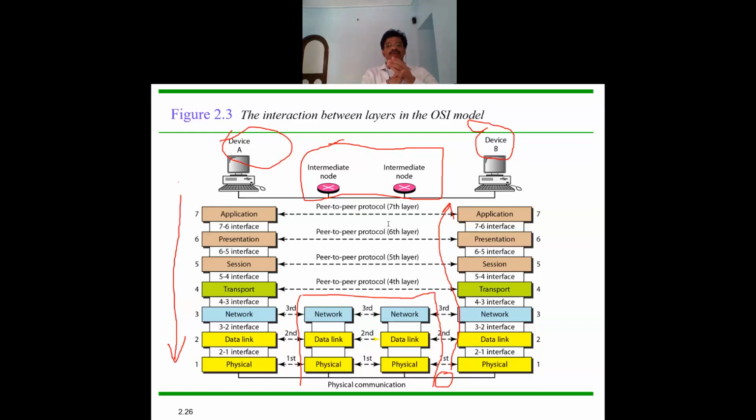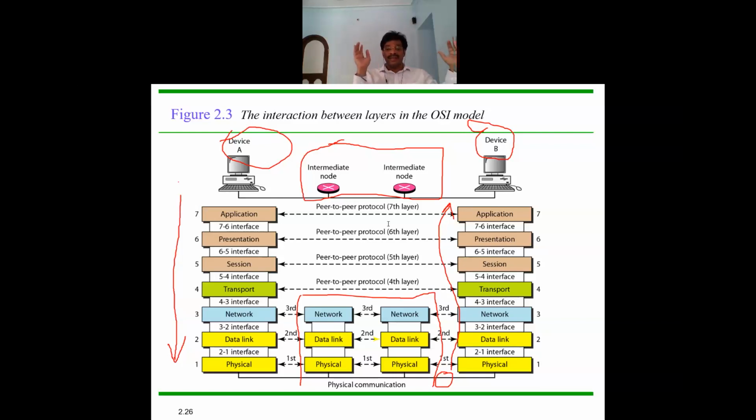If you don't understand the concepts of the layered architecture, this OSI model is utilized as a base model in developing the various types of protocol. Though we are not utilizing this OSI model as a de facto standard, we are utilizing TCP/IP as a de facto standard, but still for all the protocols, this particular OSI model is supposed to be a base model.